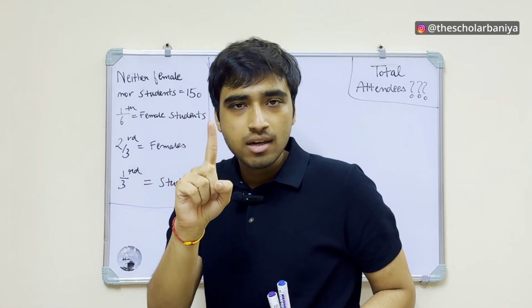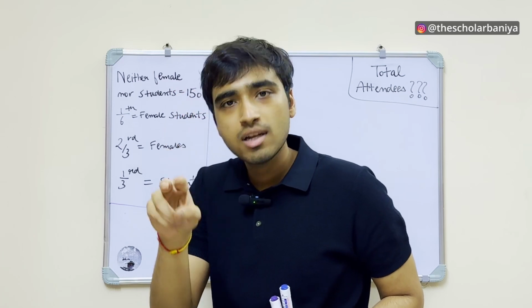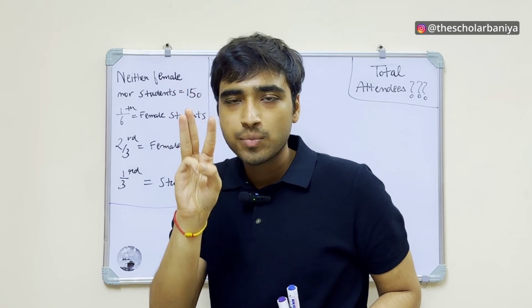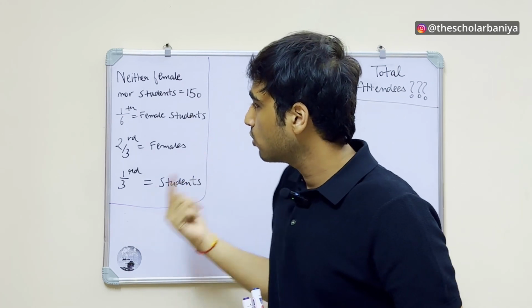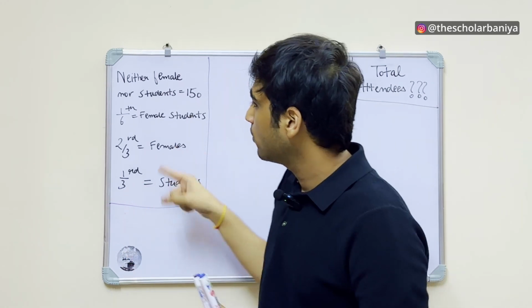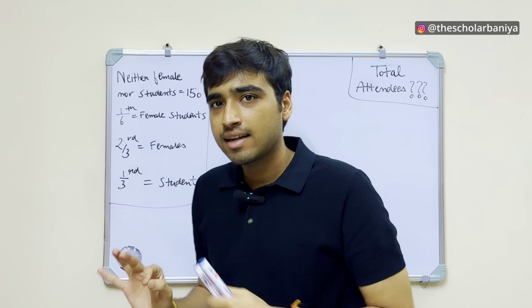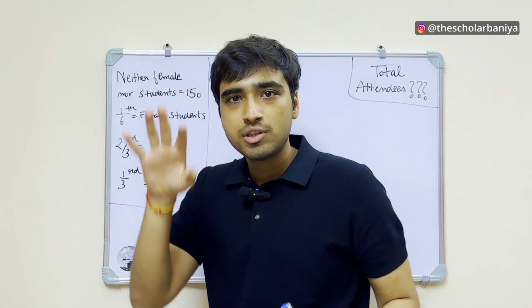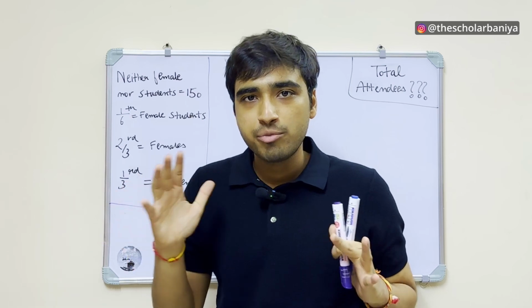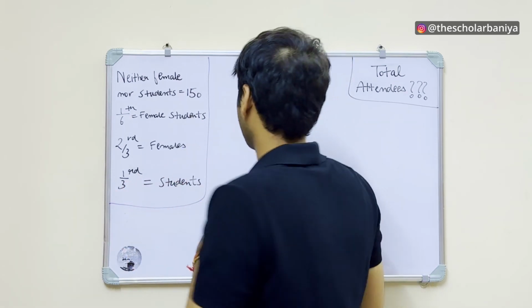Either someone is a female, or someone is not a female, either someone is a student, or someone is not a student, right? If you approach this question trying to manipulate here and there, it can get really complex. So the easy way out over here is to make a table with four headings, and then you can solve it pretty quickly. I'll tell you how.